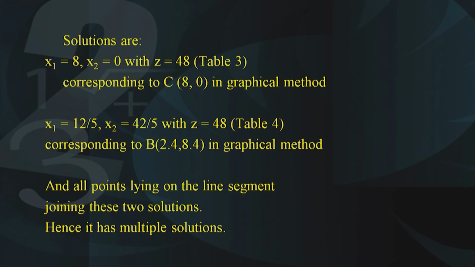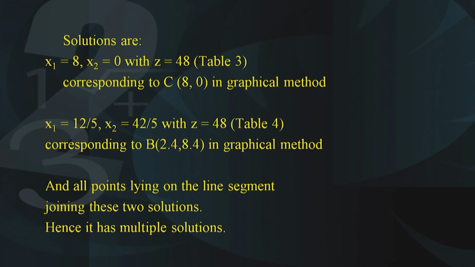We will note that the basic feasible solutions corresponding to the iterations in the simplex method are nothing but the vertices of the simplex that we have seen in the graphical method. What do we conclude? We conclude that there are the following two solutions.